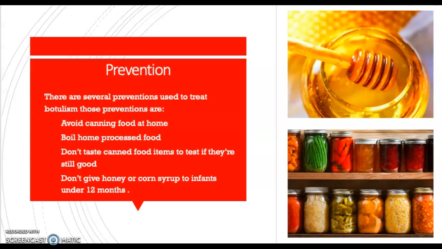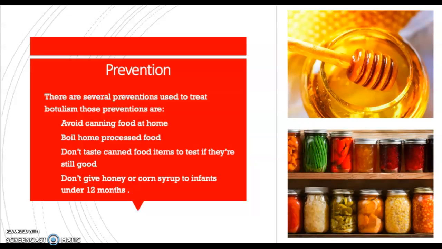So, preventions. There are several preventions used to prevent botulism. Those preventions are: avoid canning food at home, boil home processed food, don't taste canned food items to test to see if they're still good, and don't give honey or corn syrup to infants under 12 months.